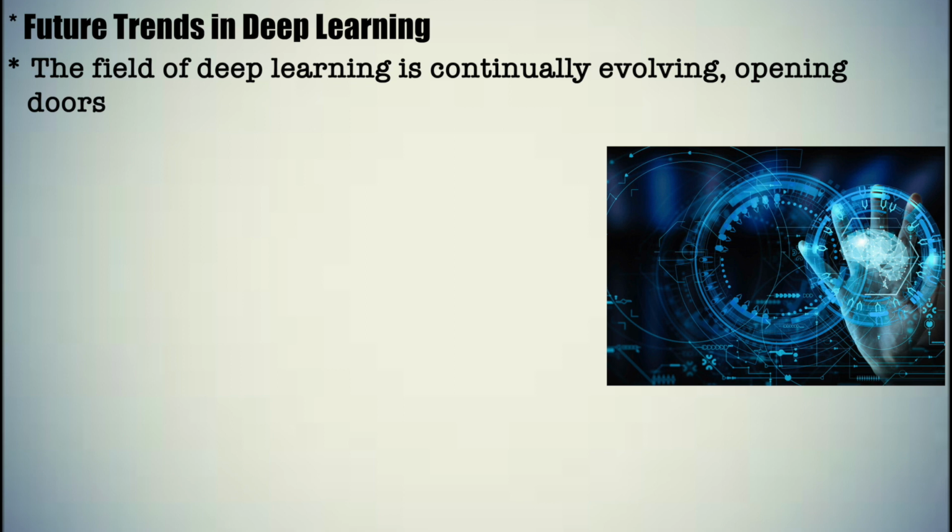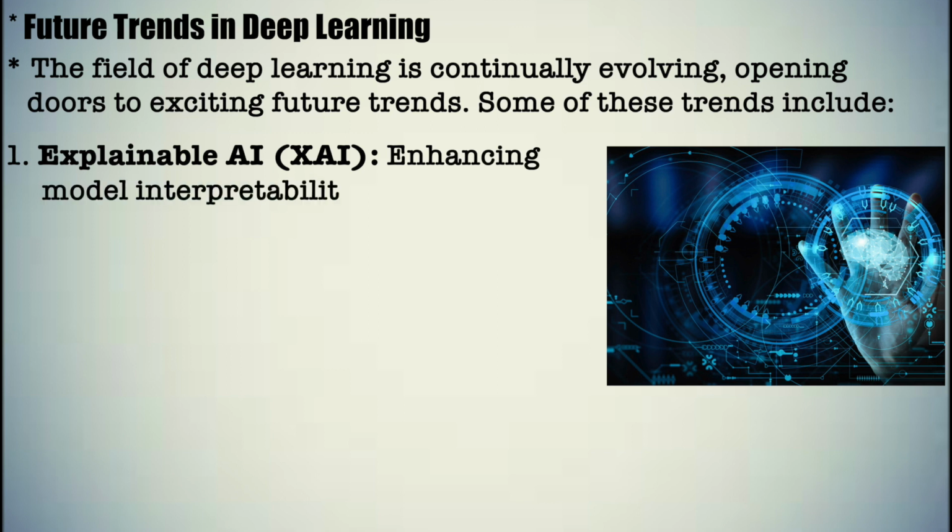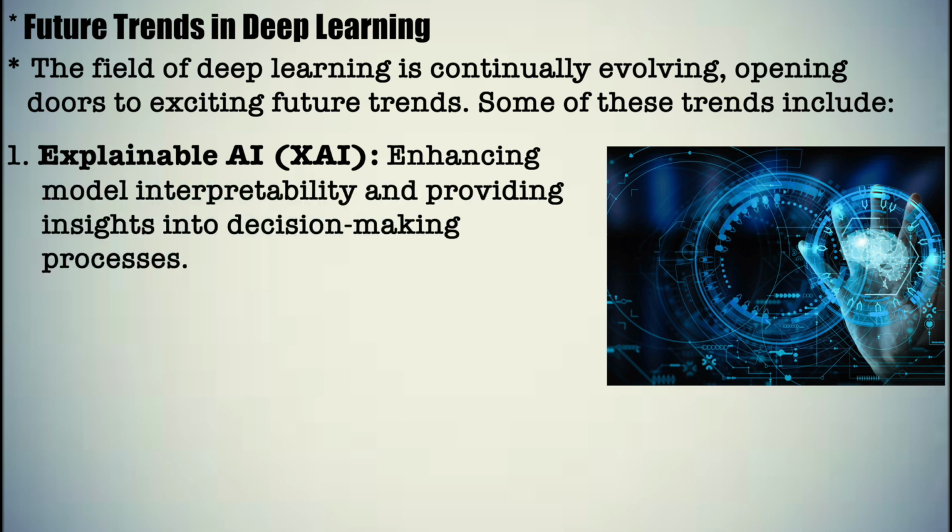The field of deep learning is continually evolving, opening doors to exciting future trends. Some of these trends include, first, explainable AI, or we can say XAI, enhancing model interpretability and providing insights into decision making processes.